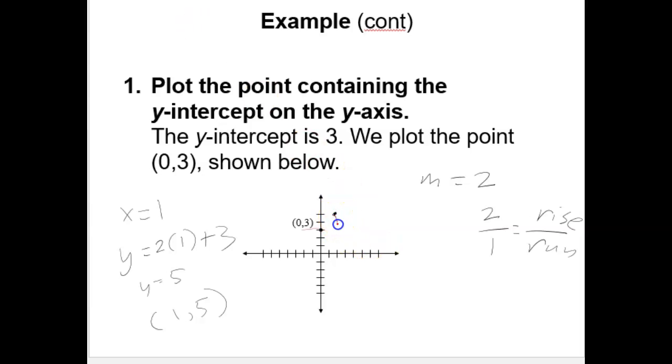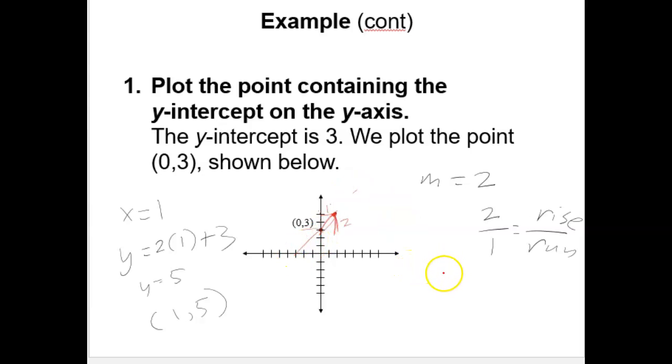Here's your rise. You went up this far. That's your 2, so you count up 1, 2, up. So you start at (0, 3), and go up 1, 2, and then the run is 1. So you count up 2 for the rise, and then to the right 1 for the run, because they're both positive. And what you see is you get a second point there, and now you could draw your line.